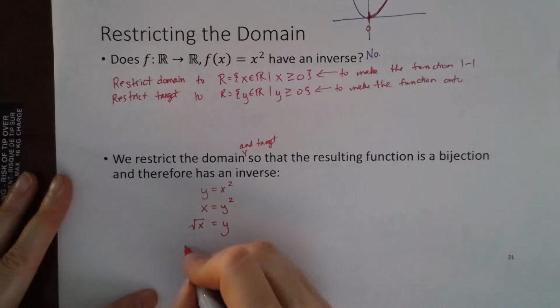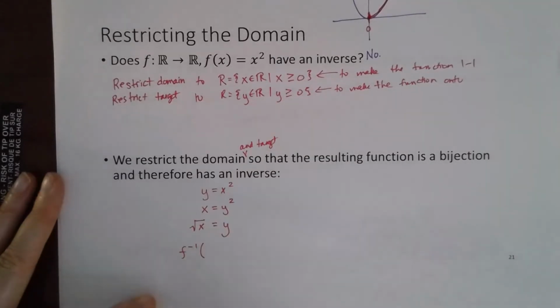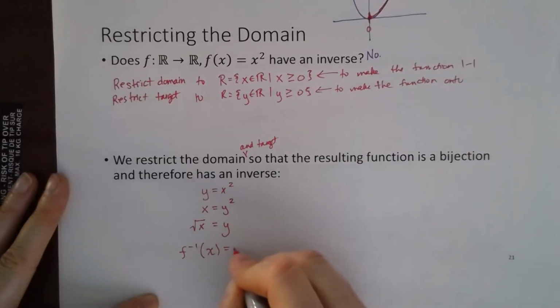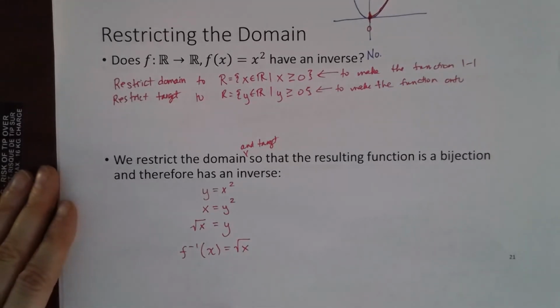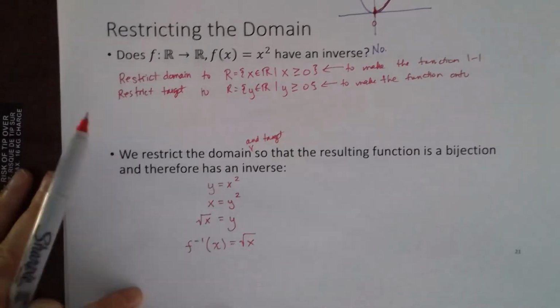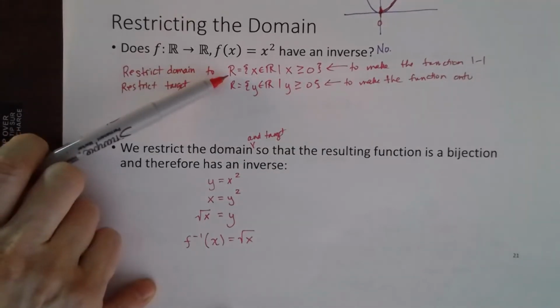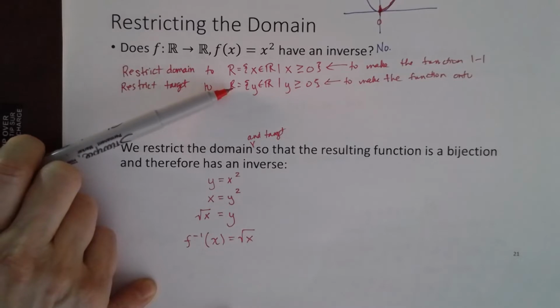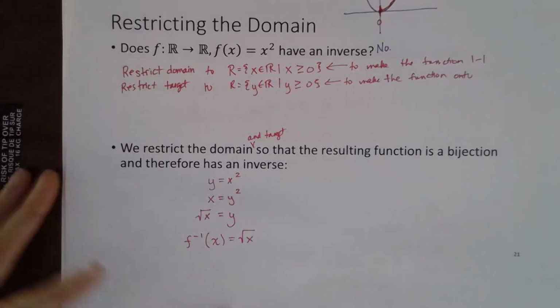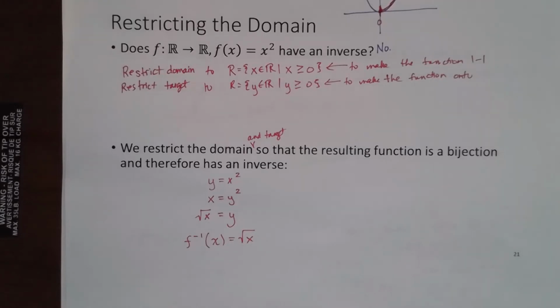And so my inverse function f inverse of x would be the square root of x. And that's only if I restrict the domain to be x values greater than or equal to 0 and the target range to be y values that are greater than or equal to 0. Then I can get an inverse.